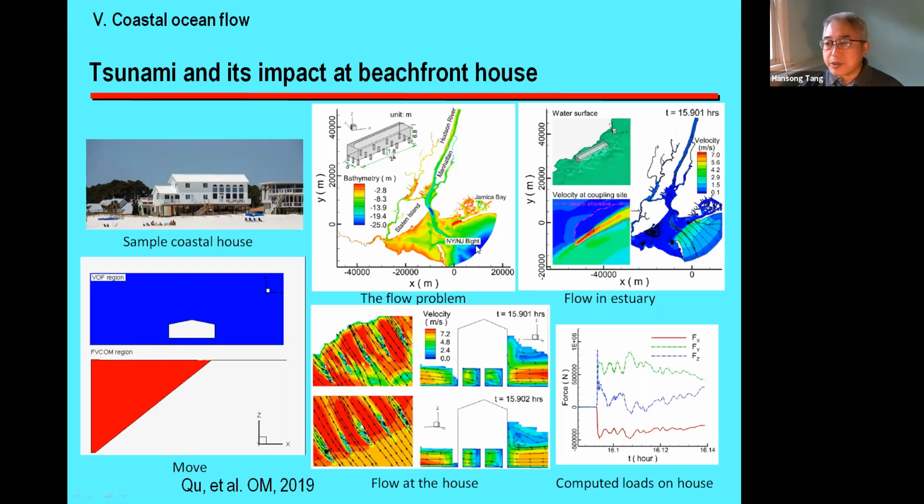Then the tsunami propagates towards the seashore, climbs on the beach and then impacts the house. So we made the simulation using this coupling. Here is the simulated result of the flow passing this house. And here is the detail of the flow at the house. These are the simulated forces acting on the house in the XYZ directions. And this video shows you the process of the flow impacting the house.